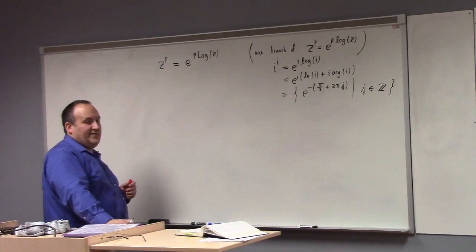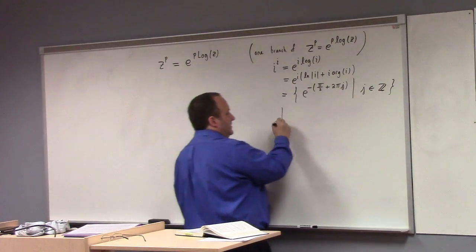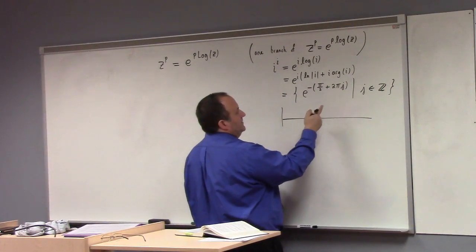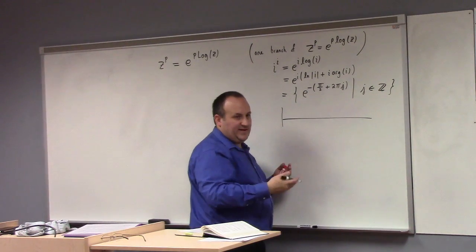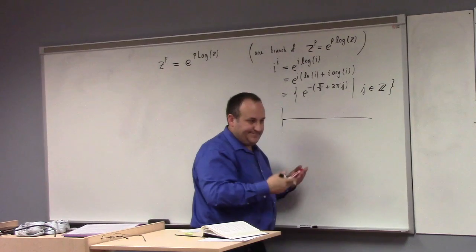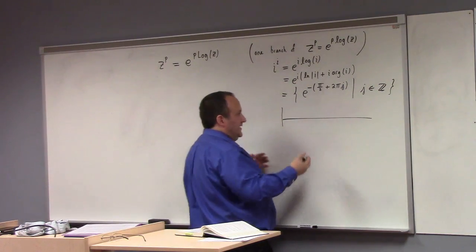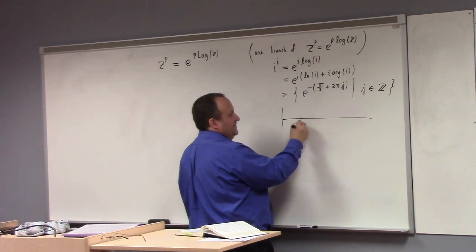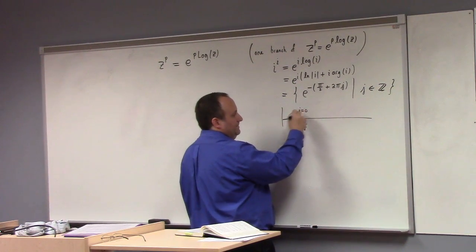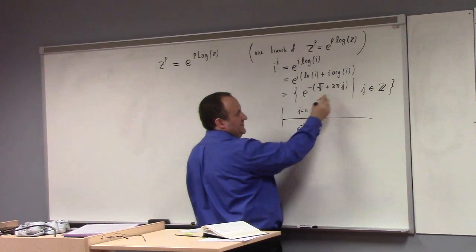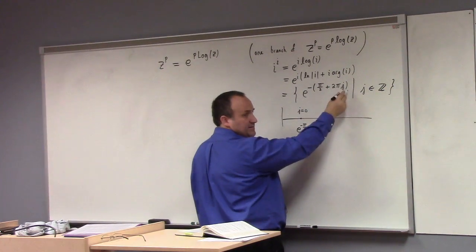So if I was to graph i to the i, it looks something like, I don't know, if I put in 0, I get e to the minus pi over 2, whatever that is. It's like 0.2 something. We'll say it's here, yeah. So e to the minus pi over 2. So that's j equals 0, right? And then if you were to graph j equals 1, that's over here.